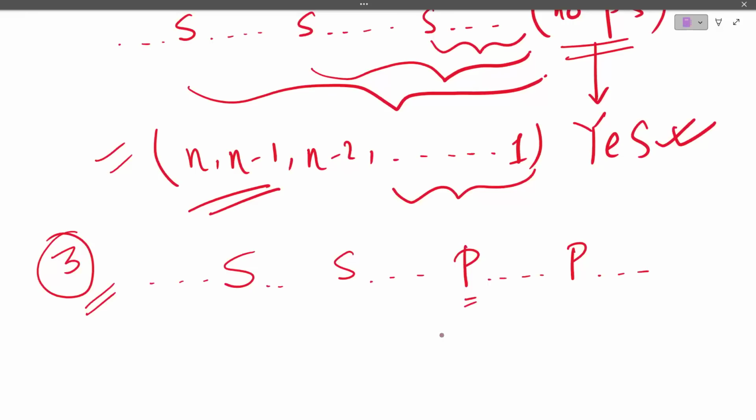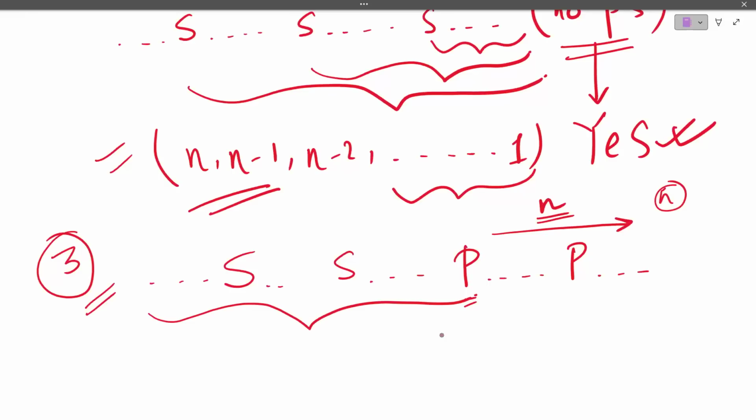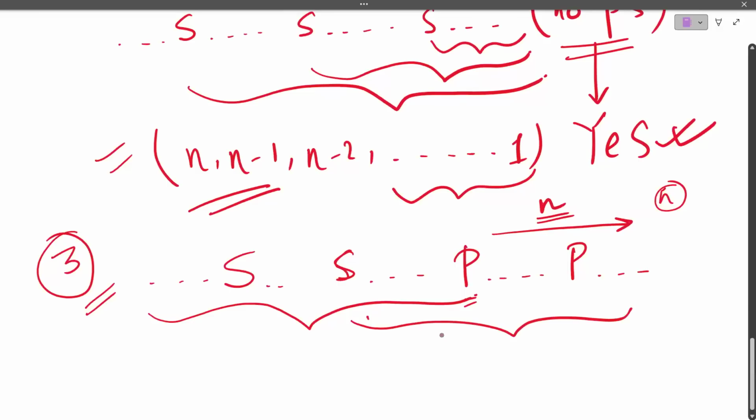First of all, due to this p, this part of the string must be a permutation, right? If this part of the string is a permutation, then consider n. Since this is a permutation of size less than n, that means n must be somewhere here. N cannot be here, because if n is before this p, then this part of the string cannot be a valid permutation. Similarly, what does this s enforce? This s enforces that this part of the string is a valid permutation. But if this part is a valid permutation, that means n has to be on this side.